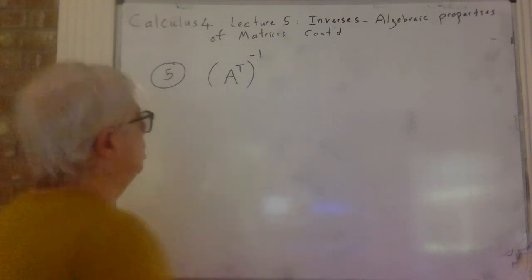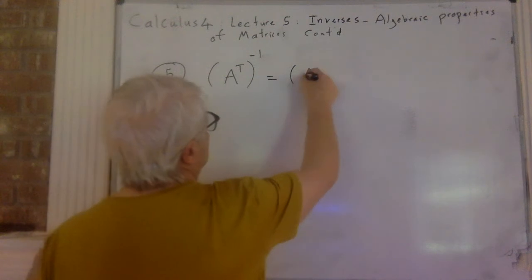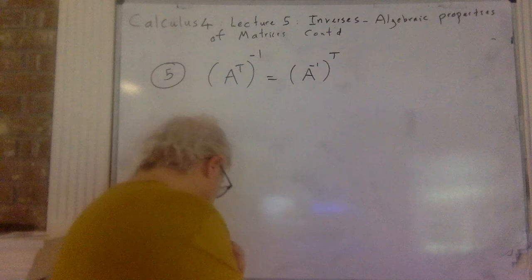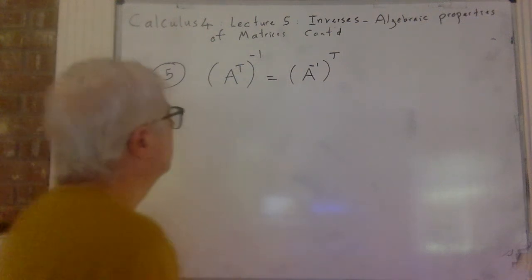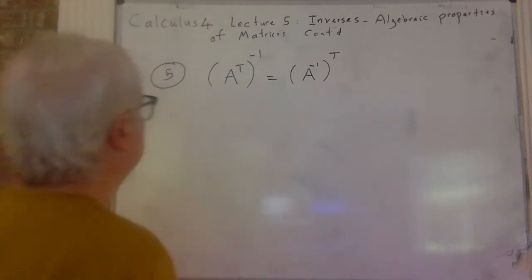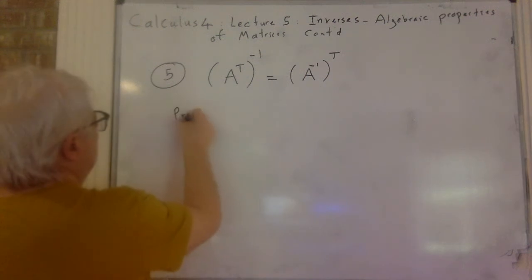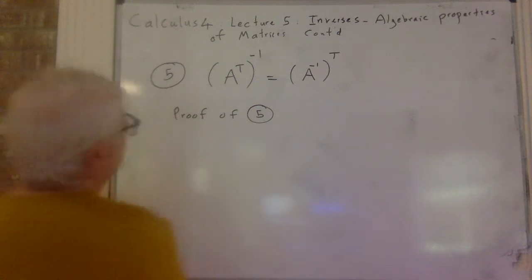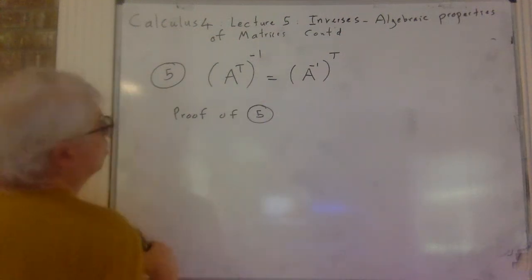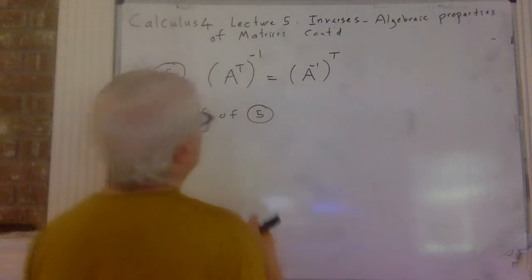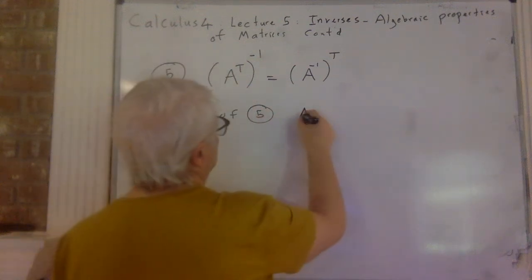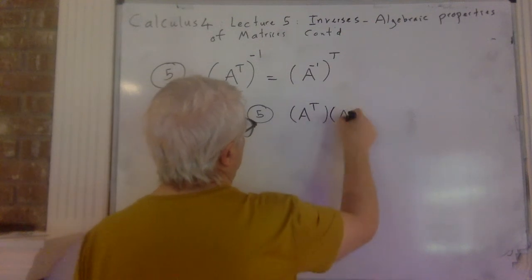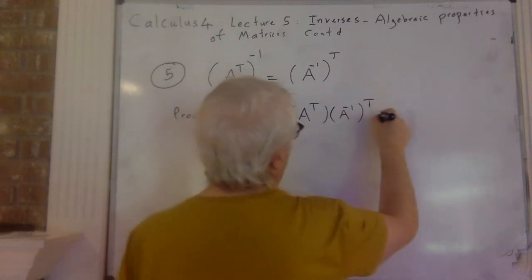And the inverse is interesting. It is A inverse transpose. Right? But let's see if I can prove this. I'm saying that this is the inverse of this. So I should show that A transpose times its inverse is I_N.